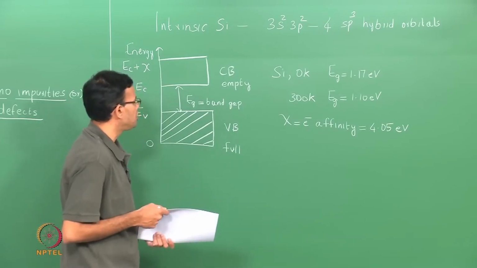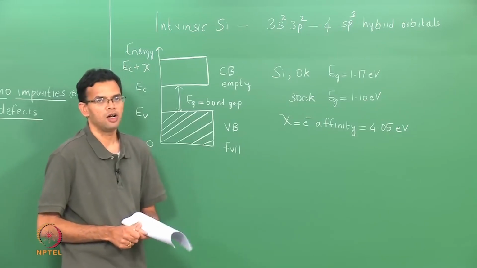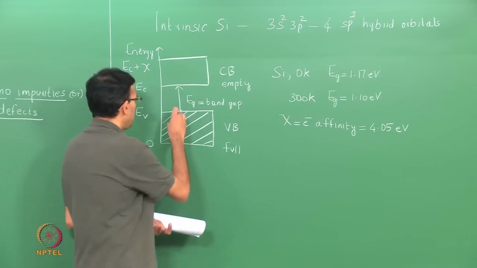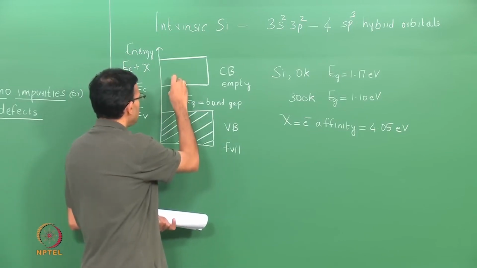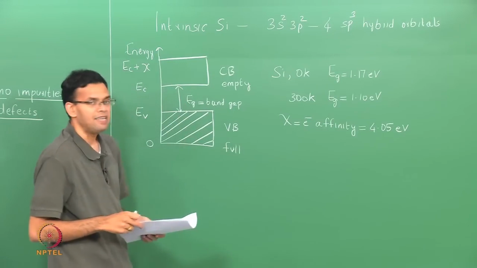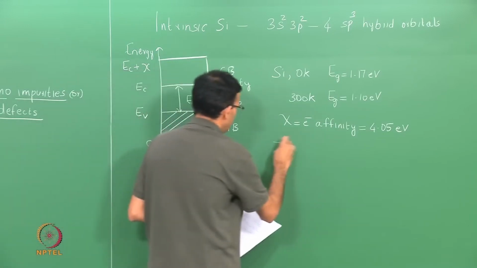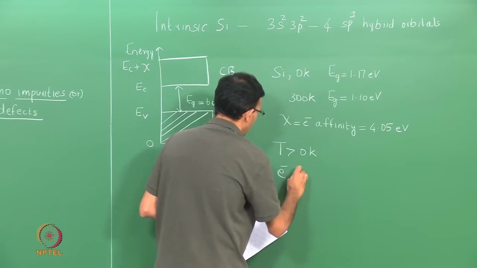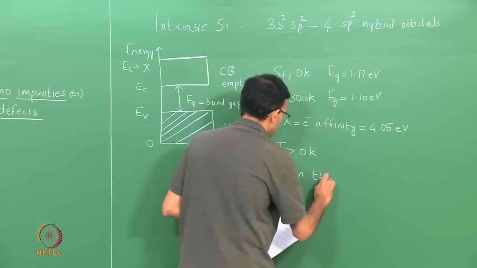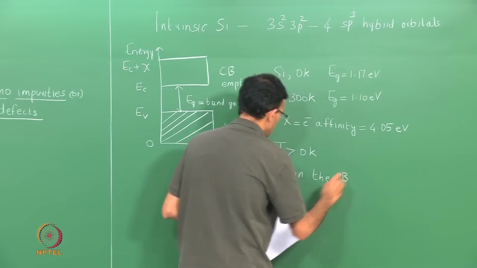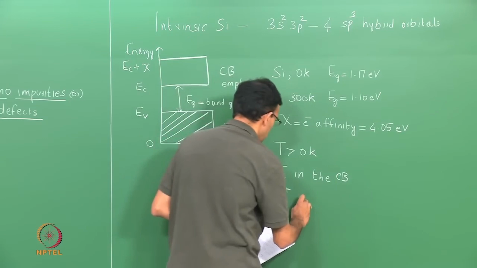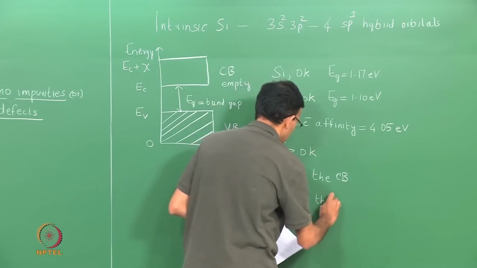At any temperature above 0 Kelvin, we saw earlier, you will have thermal excitation of electrons, so that electrons from the valence band can move to the conduction band, leaving behind holes. So, at any temperature greater than 0 Kelvin, you will have electrons in the conduction band and holes, which is the absence of electrons in the valence band.